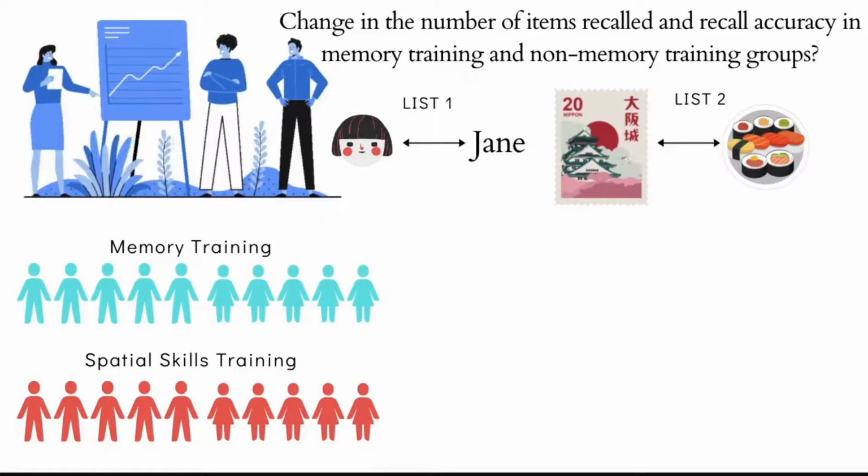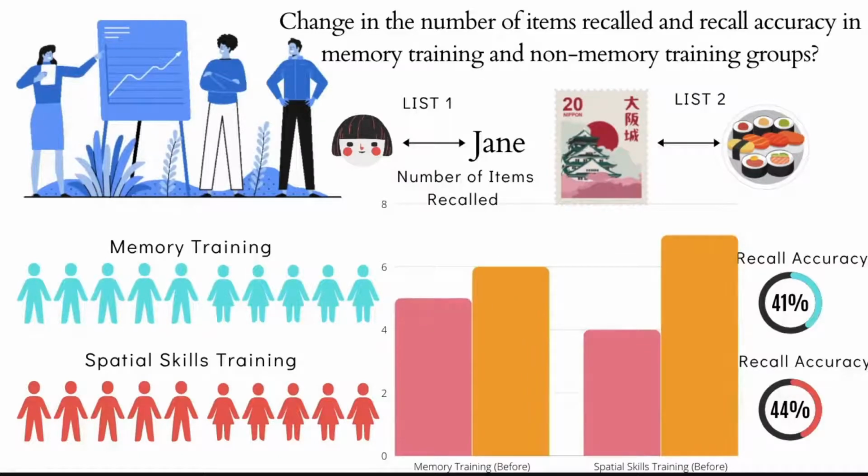Also remember that we are interested in two key measures, which are the number of items recalled and the recall accuracy. So here we have the mock data for the two groups, and we observe that the performance of each of the groups does not differ that much in either the recall accuracy or the items recalled. Now we subject the participants in each of the groups to active training sessions.